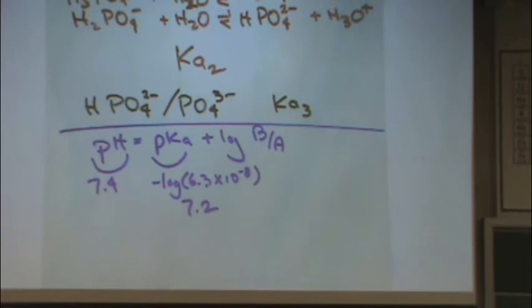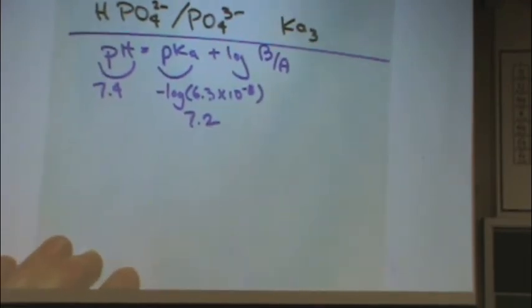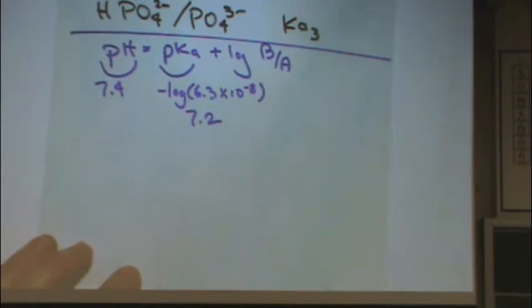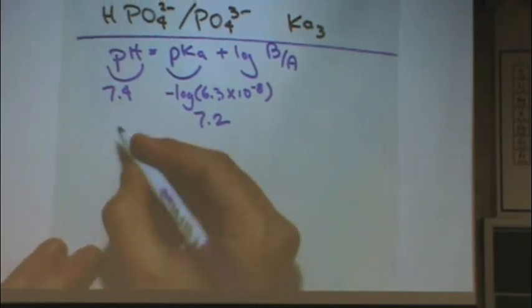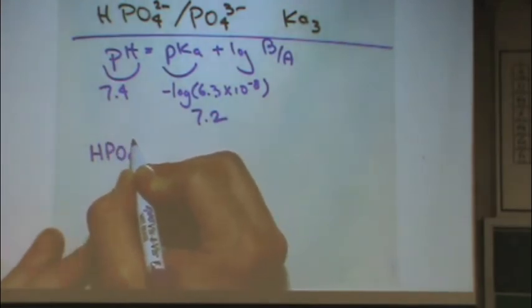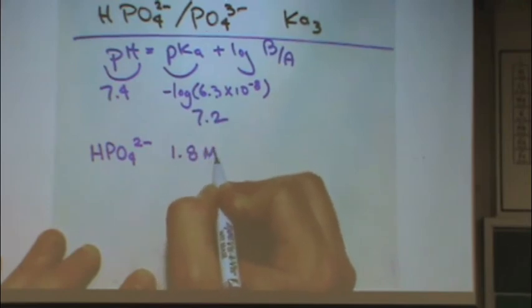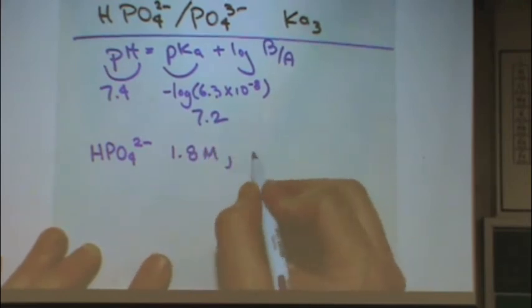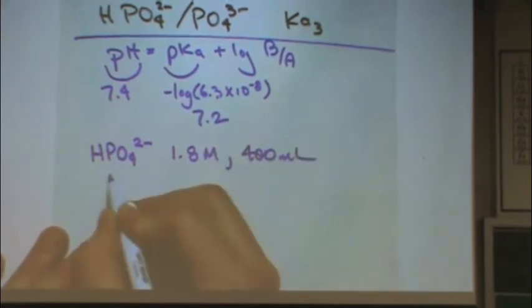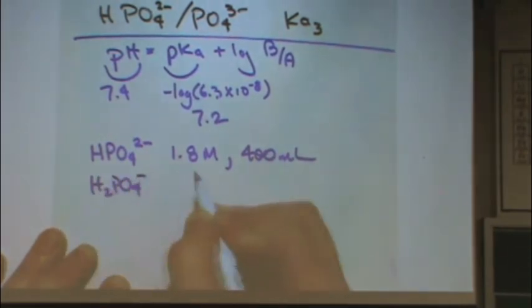Okay, but I just don't know those numbers yet. So that's the problem. Okay, so let's see what I have. I have some information from the previous part of the problem. I know that HPO4 2 minus is 1.8 molar, and it's 400 milliliters. And the other one is H2PO4 minus.